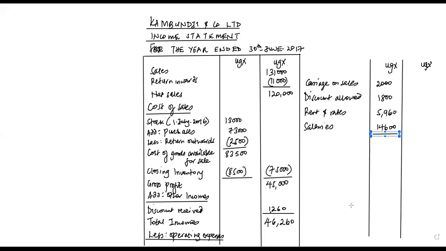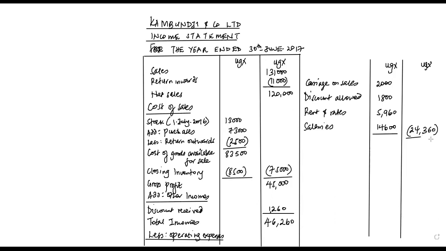This gives us 24,360. So when we get our total incomes up there, we list these operating expenses, then we get what we call the net profit.